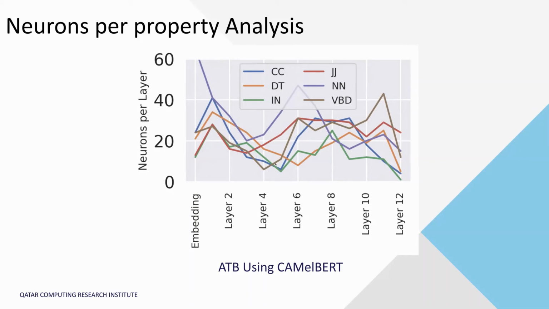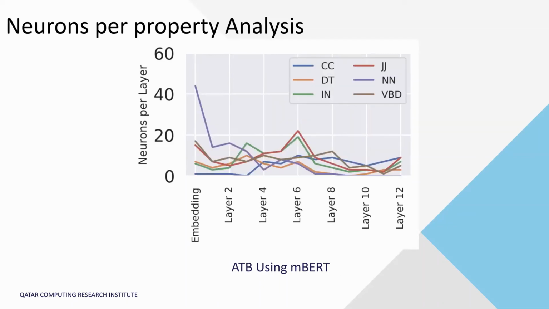Although it's different, in some cases it uses the same as open class, but overall the closed class uses fewer neurons than the open class. This is the same behavior using AraBERT. We knew that the issue with it is that it doesn't have a rich representation, but you can still see the same behavior that we have seen in the other models, where the closed class uses fewer neurons.